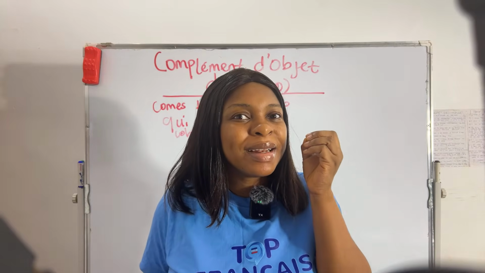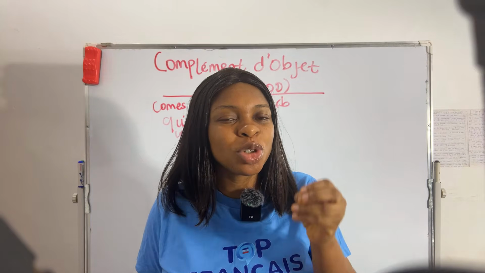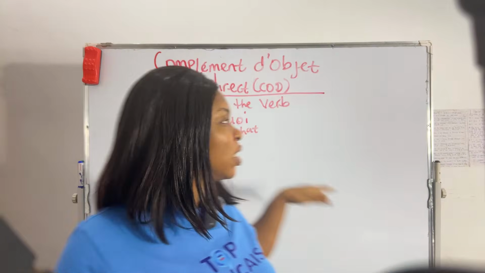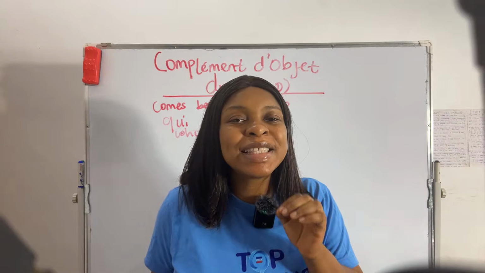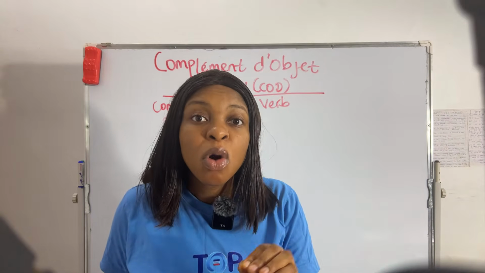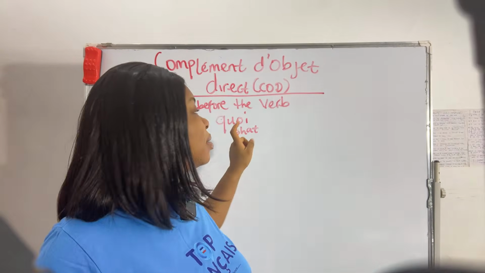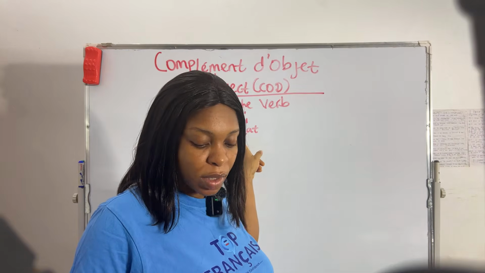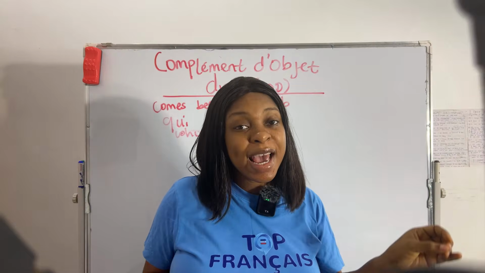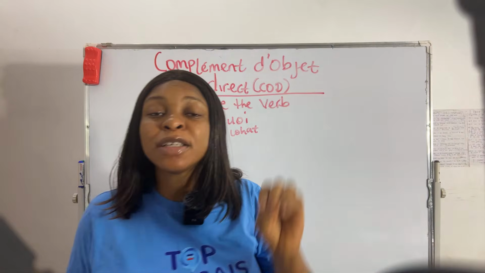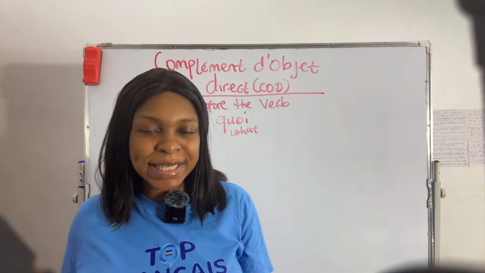The question here is trying to respond to who are you seeing? That's the key. Are you eating the apple? What are you eating? That is the quoi. So take note. COD responds to qui and quoi, that's to who and what in a sentence.